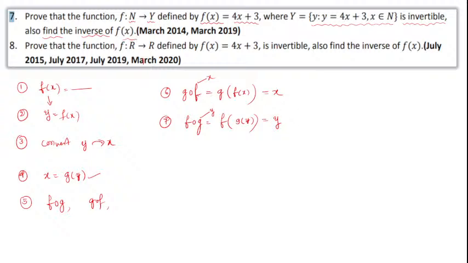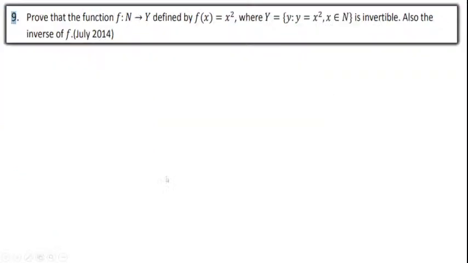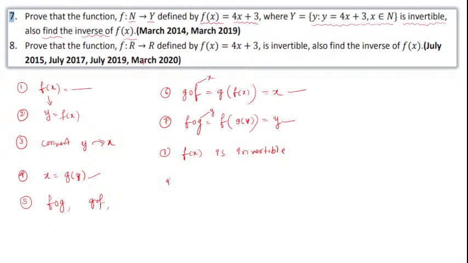So after showing gof is equal to x and fog is equal to y, you can write that the given function f of x is invertible. F of x is an invertible function. If f of x is invertible, then your g of y will be the f inverse.